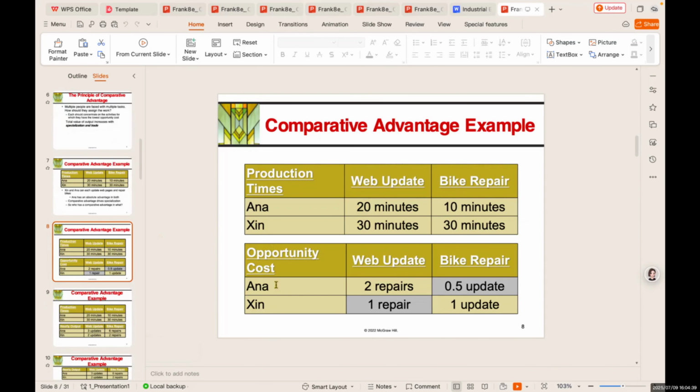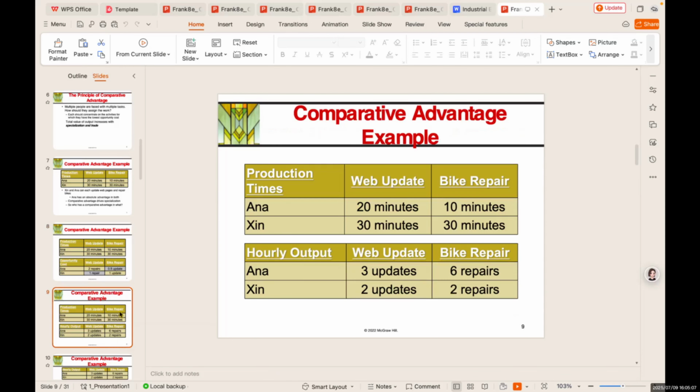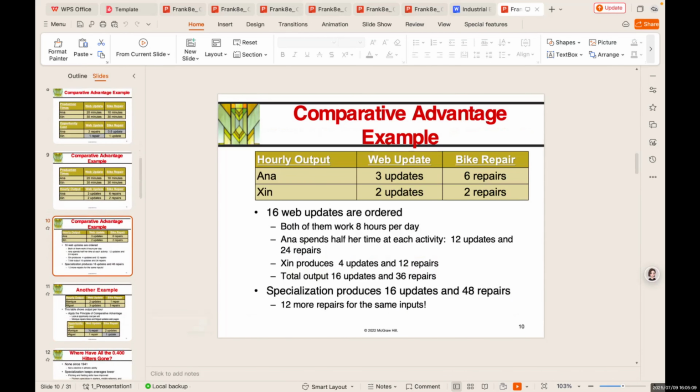The results can be seen here. When we compare the opportunity cost, we now look at the figures vertically. Xin has lower opportunity cost on web update, and Anna has lower opportunity cost on bike repair. So Xin has the comparative advantage on web update, and Anna has the comparative advantage on bike repair.